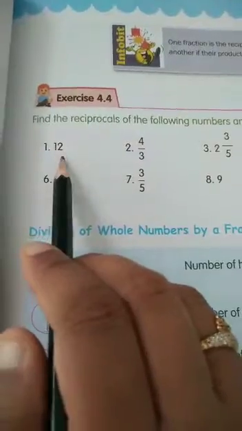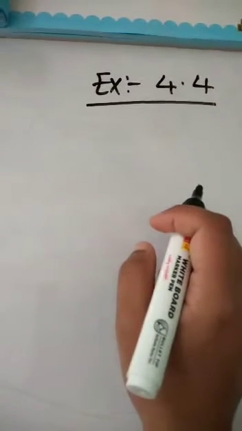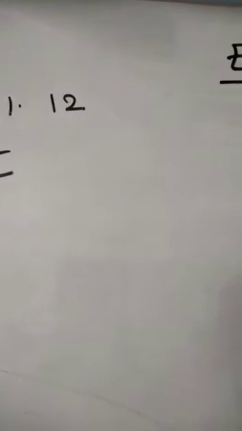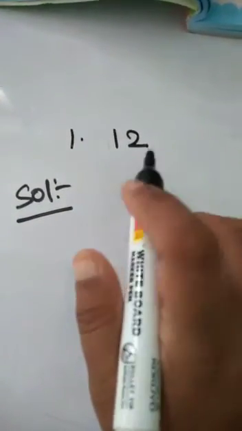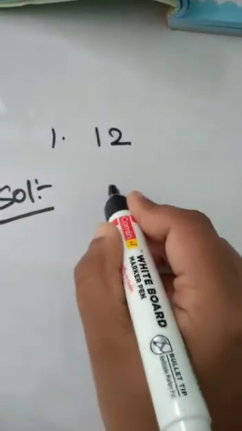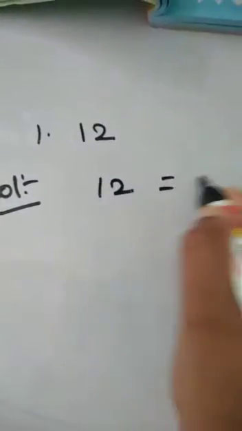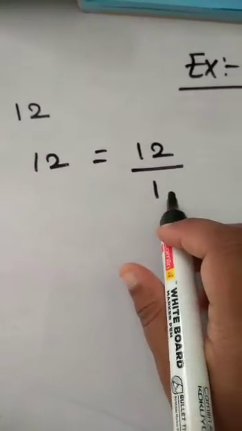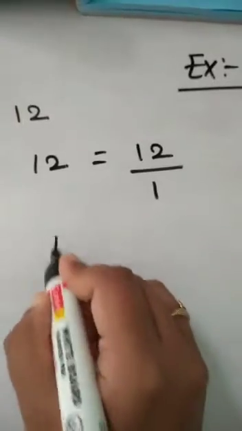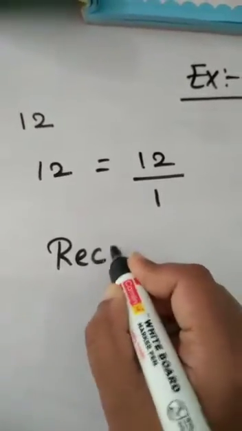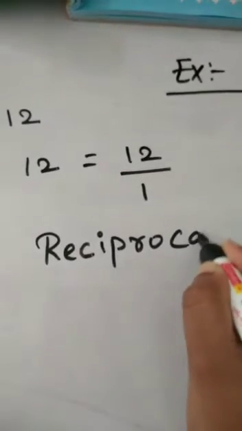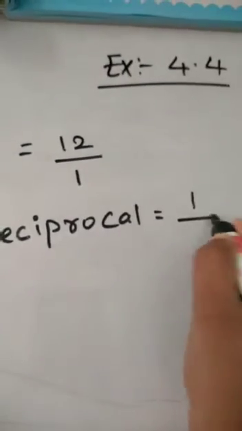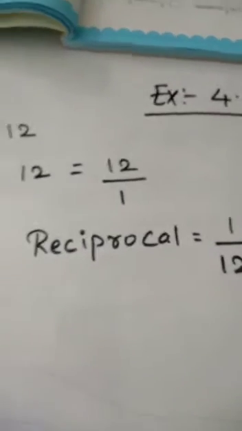First question is 12. So let us solve this. We have to find the reciprocal. 12 equals 12 by 1, so we have to write 1 in the denominator. The reciprocal of 12 by 1 is 1 by 12.